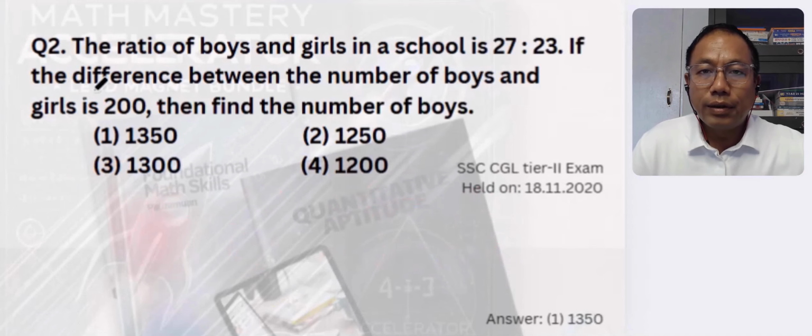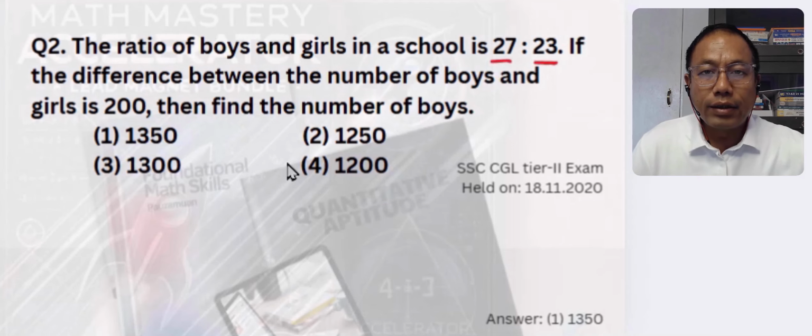Question number 2. The ratio of boys and girls in a school is 27:23. If the difference between the number of boys and girls is 200, then find the number of boys. Boys is, I'll take 27x. Girls number is 23x.